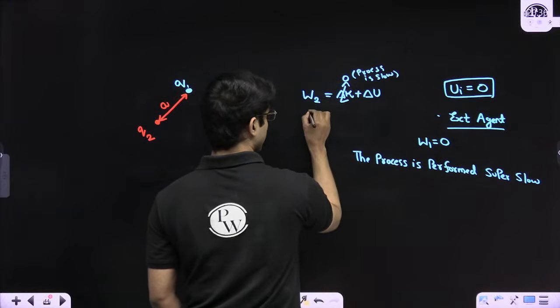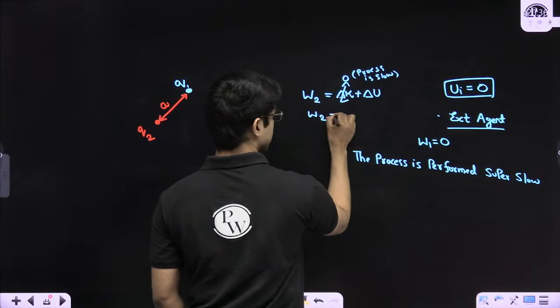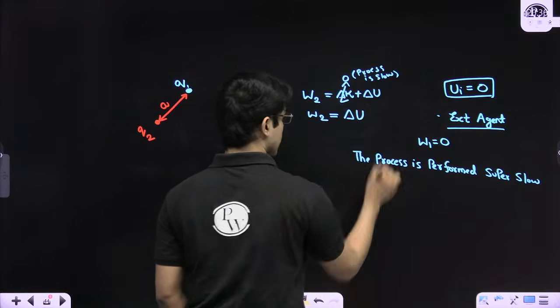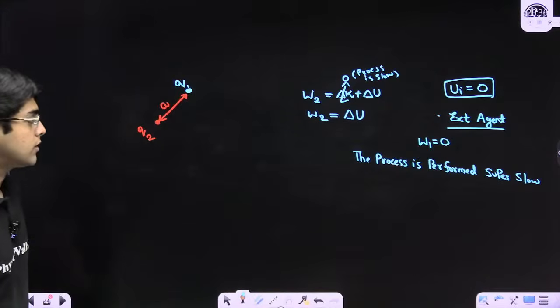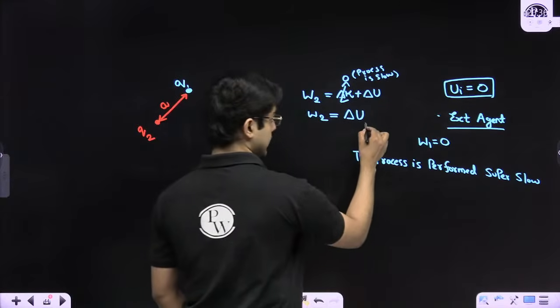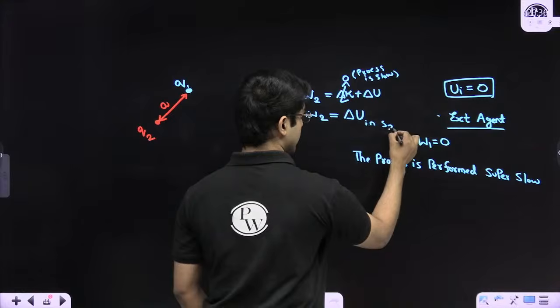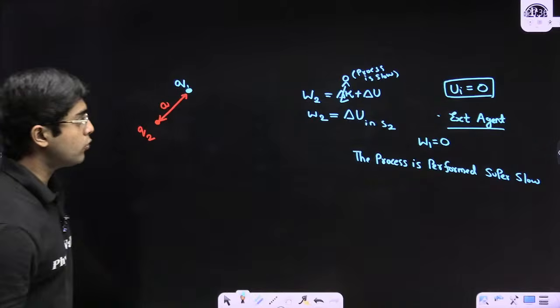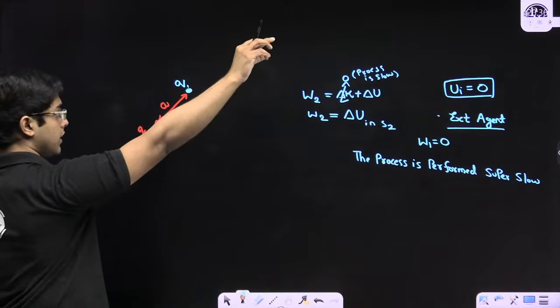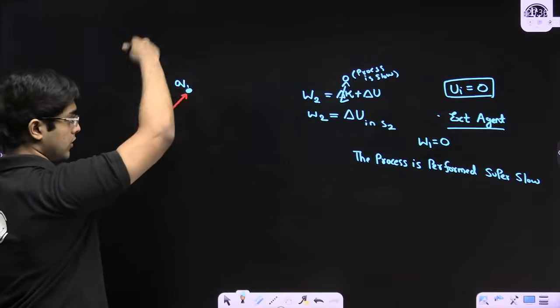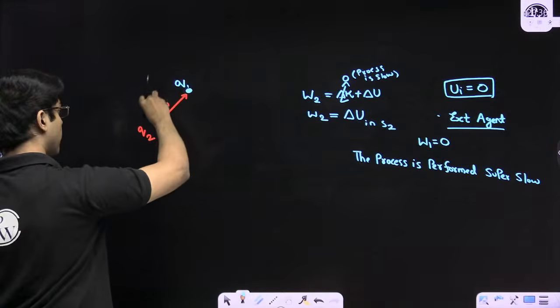Okay. So work done in step 2 by the agent is equal to change in potential energy in step 2, delta U. In step 2, we are bringing Q2 from infinity, where the potential energy of the system was 0, to this point.